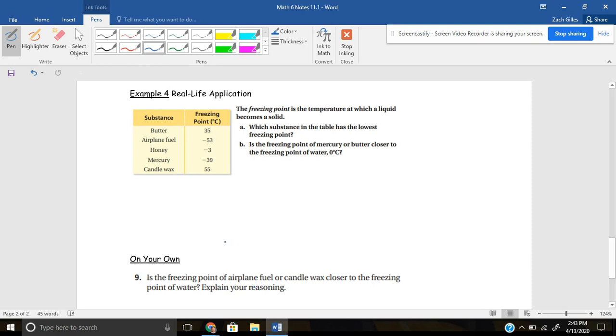But remember, when we're talking about lowest, we're talking about the furthest number to the left if I had it on a number line. That would be the lowest, or the least number. So the smallest of these, the least number, looks like it is airplane fuel.